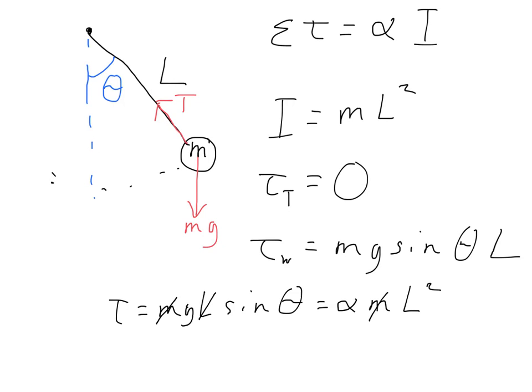One of the length terms will cancel out. And since we also know that the angular acceleration is actually two time derivatives of theta, so I'll call it theta double dot, we see that this actually will simplify to g over L sine theta is equal to theta double dot.